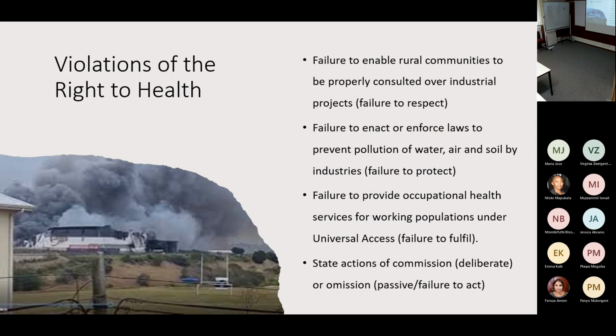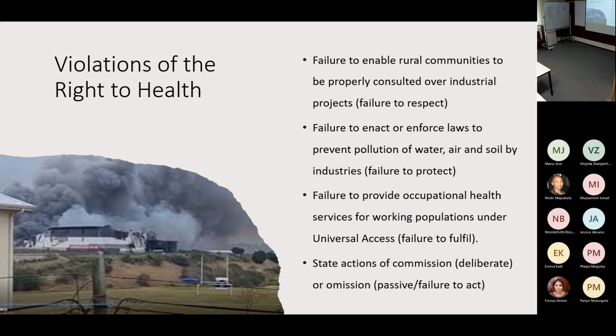Now, what happens if they don't fulfill those core obligations? That's where we talk about violations of the right to health. When they fail to enable rural communities to be properly consulted over industrial projects, that is the failure to respect. When the state parties fail to enact or enforce laws to prevent pollution of water, air, and soil by industry, that is where they are failing to protect.